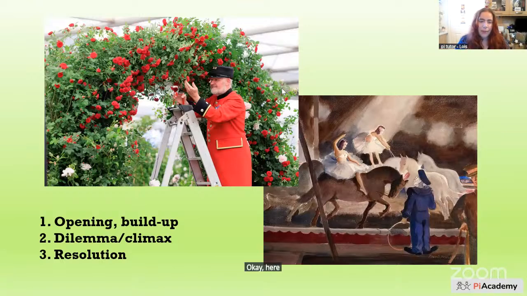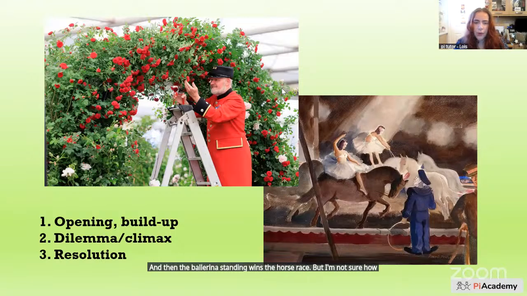Okay, here's another. People are watching an old dark play which has been guarded. Then the clown, who is a spectator and judge, is disappointed, and then the ballerina standing wins the horse race. But I'm not sure how.